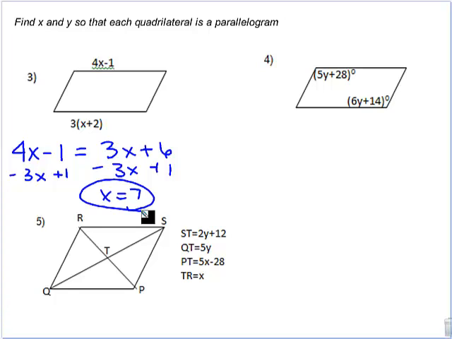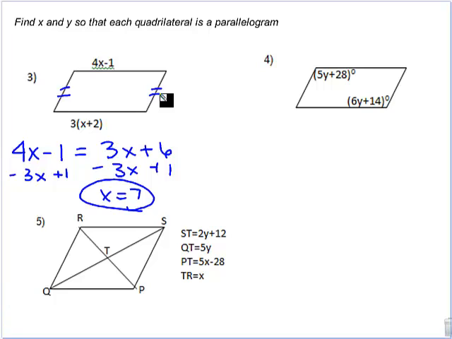Here we just have one pair of opposite sides that are equal. In order for this to really be a parallelogram, we would have to know that those two sides are also equal. We're not specifically asked to tell that, but we should know that. I'm just saying that they'd have to be for this to really be a parallelogram.